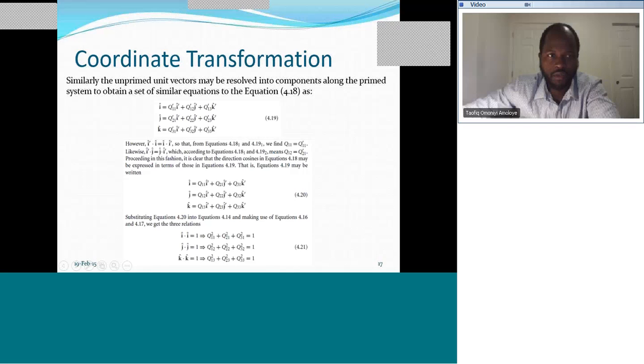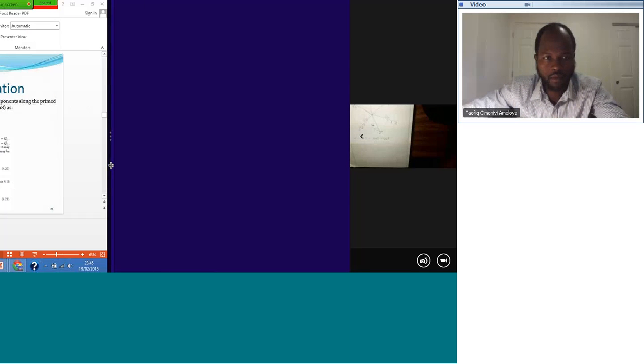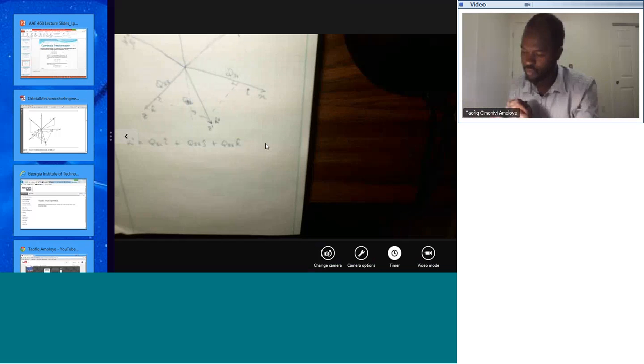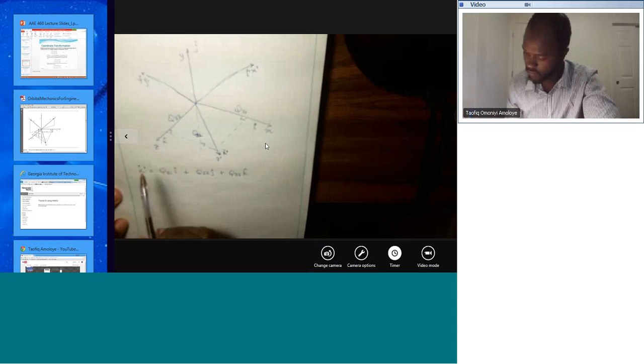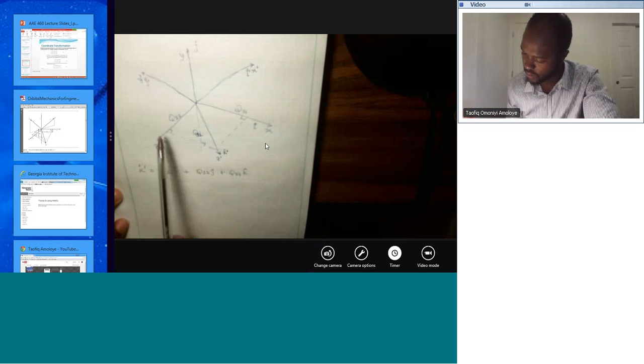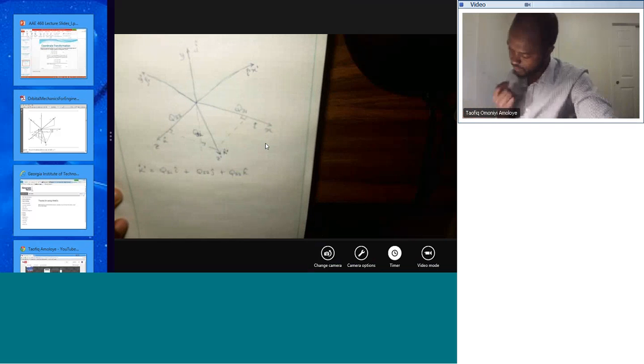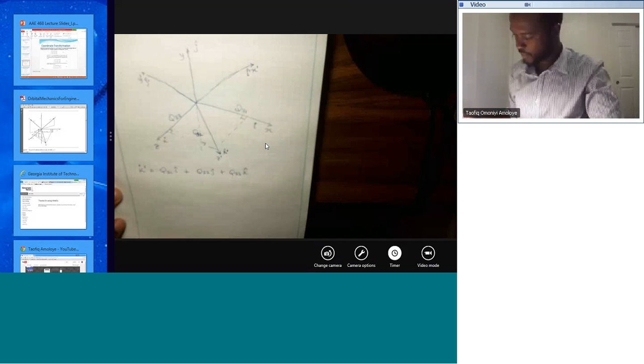So if I just quickly shift to the webcam, we are going to try to do it for K. That is, we are going to try to resolve K into its components in the primed system: its components in J prime, in I prime, and then in K prime.